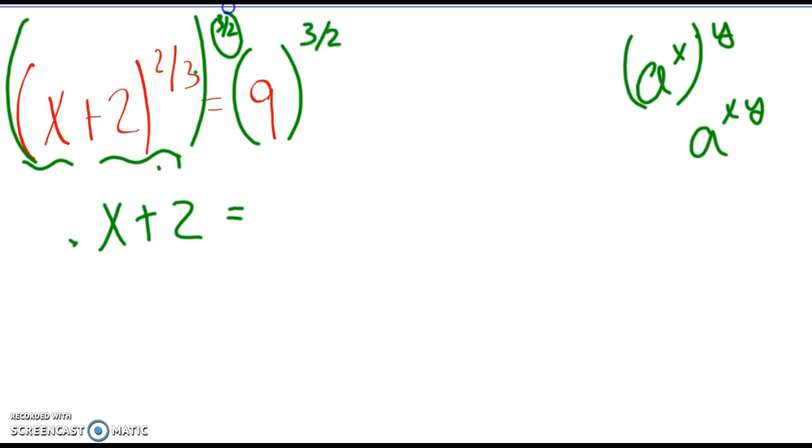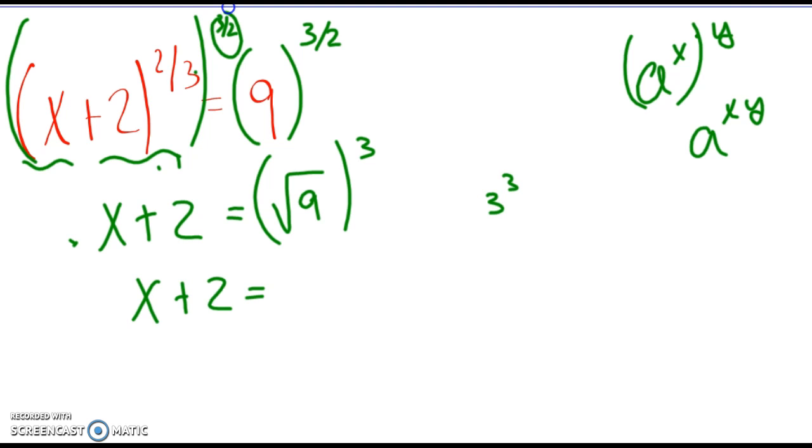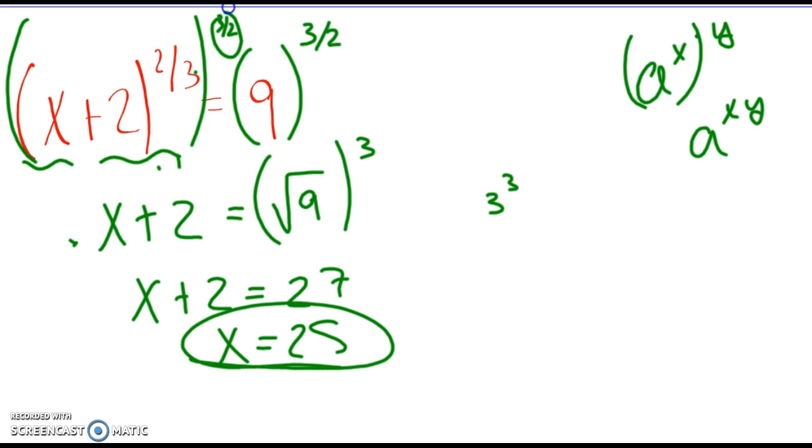If I have 9 to the 3/2, that means I have the square root of 9 cubed. Square root of 9 is 3. 3 cubed is 27. So now I have x plus 2 equals 27. Now I solve as usual, subtracting 2 from each side, and I get x equals 25.